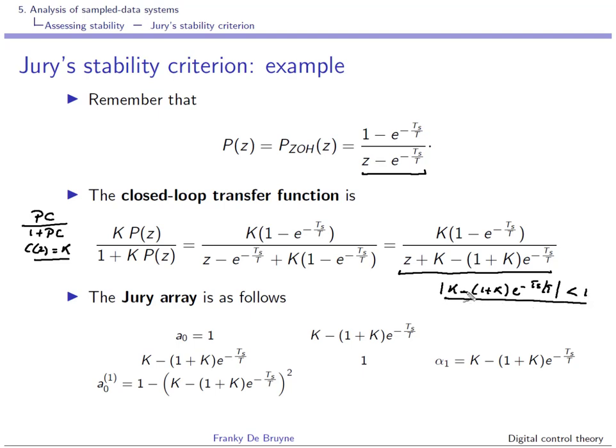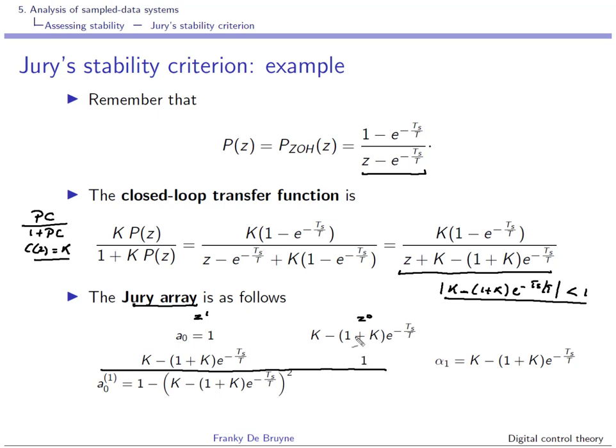Okay, so we can still have a look. We can construct the Jury array. It's a first order denominator, so this is z to the power 1, z to the power 0. We take the sequence and we revert it, and then we finalize the Jury array by computing alpha 1.